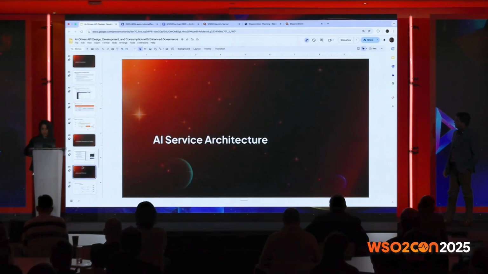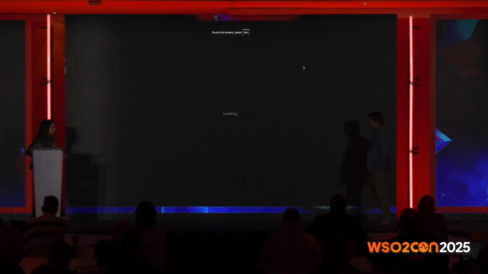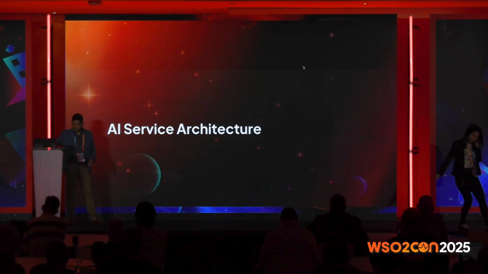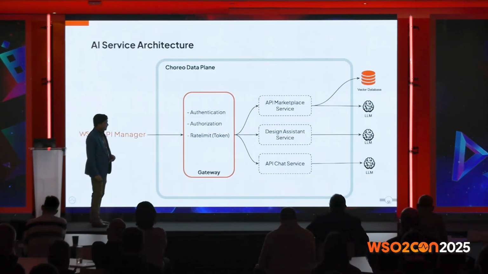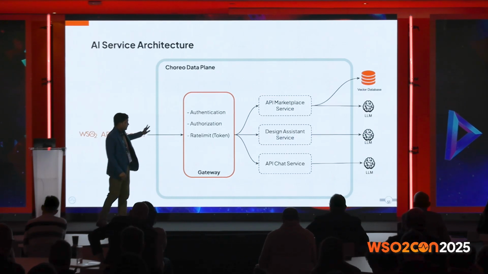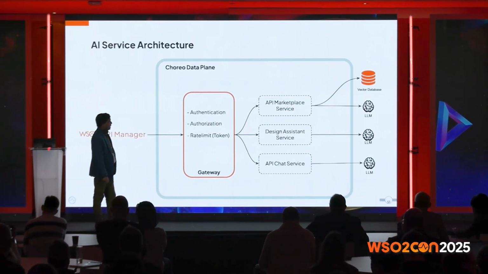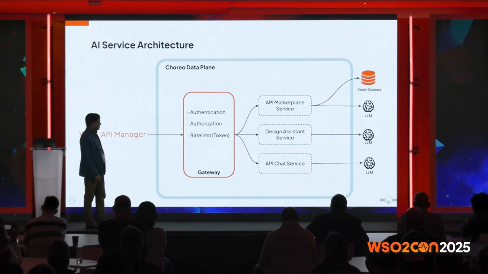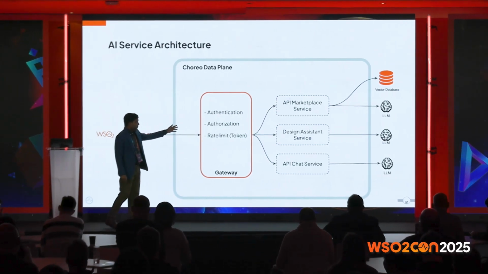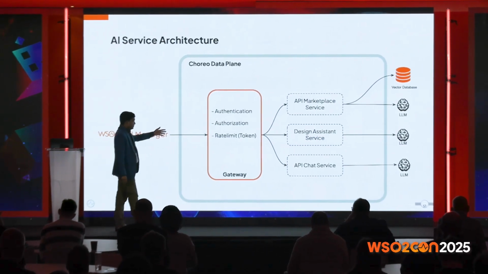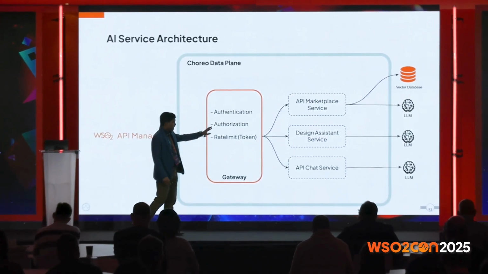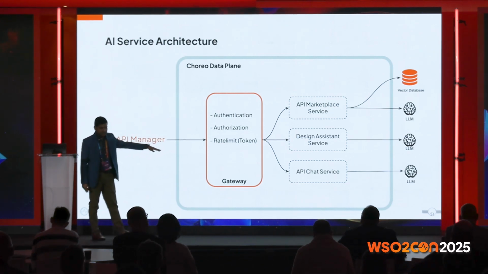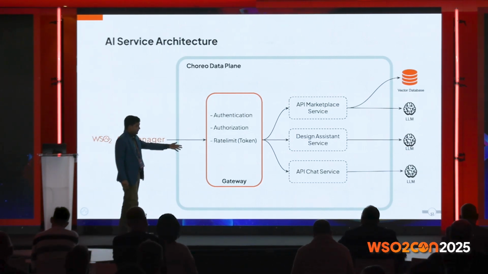Yeah, so I'll start with the AI service architecture here. The basic understanding is that all the AI services that we consume here are deployed with this architecture. We have several services, like the API Marketplace service for the marketplace, the AI agent solution, the design assistant service for the designing stuff, and API chat for the testing stuff.